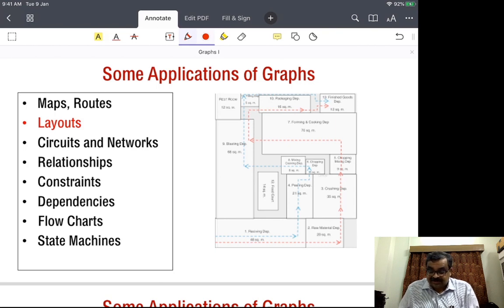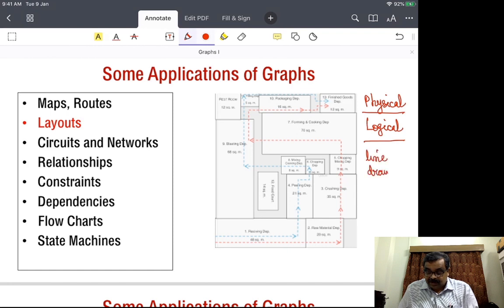I could define this layout as a physical layout. I could define this layout as a logical layout. And I could define this layout completely in terms of a line drawing.